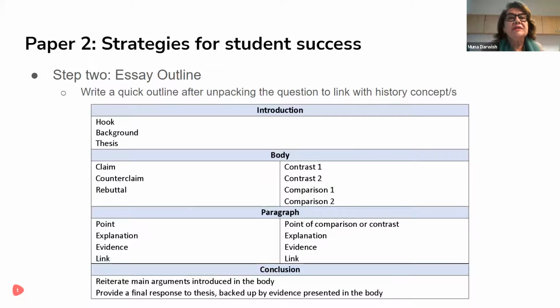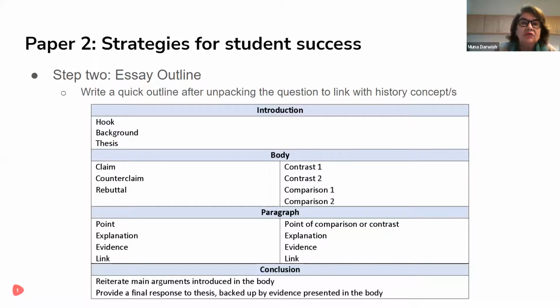It should be made very clear that there is no magic formula for writing a history essay, but those are some suggestions. When we train our students to write an effective and successful history essay, we tell them that the introduction has to have a hook, a background, and a thesis, and then the body should have a claim.